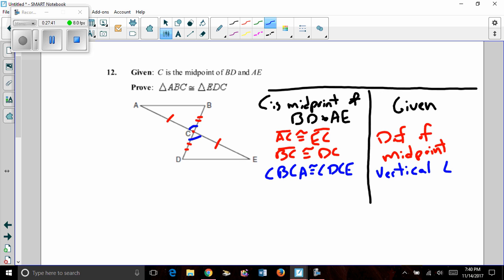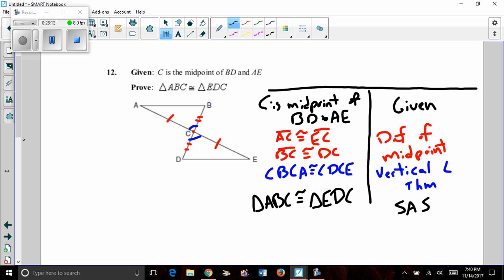If not, we need to start focusing in on that and recognizing that in pictures. From this, we're actually done. We have angle in between two sides. So side, angle, side tells me that triangle ABC is congruent to triangle EDC.